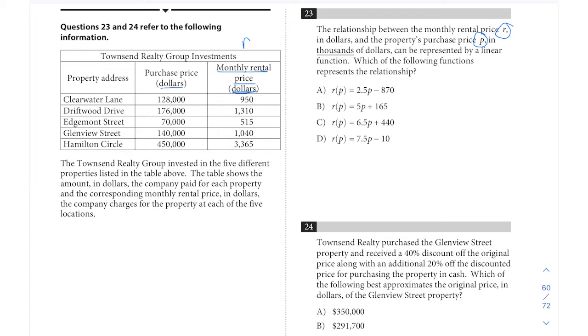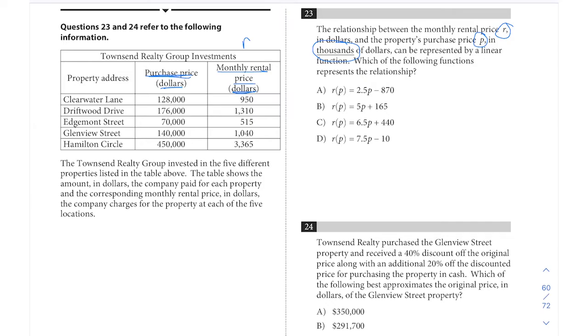But what we want to be careful with is the change in units. Here for purchase price, in the table, they have it in dollars, but in the question, they want a relationship that shows purchase price in terms of thousands of dollars.